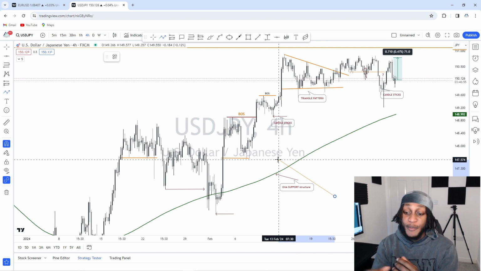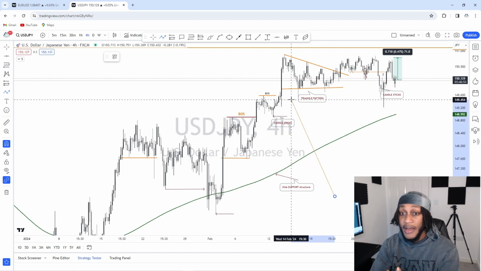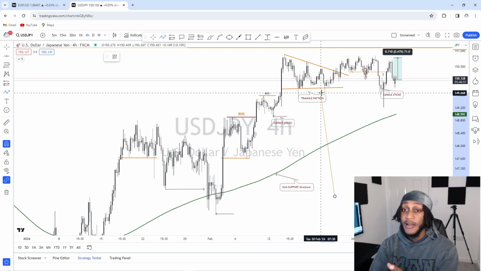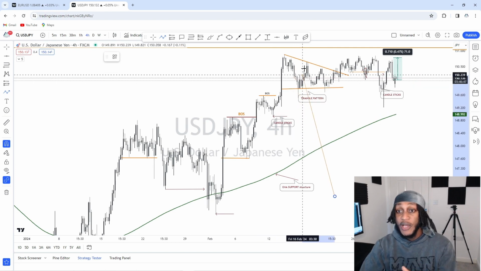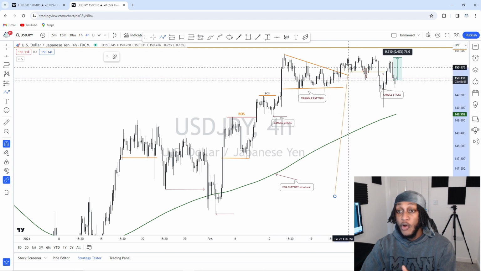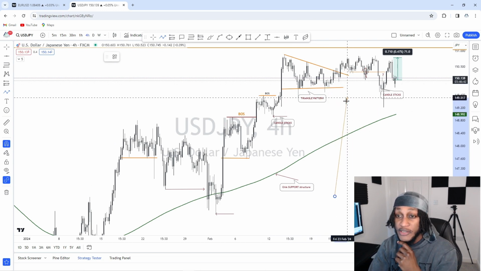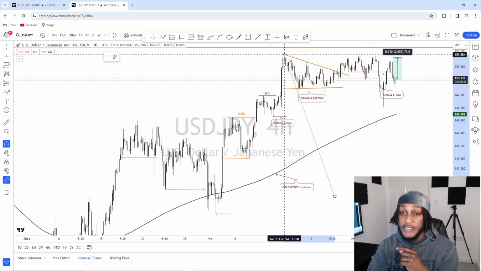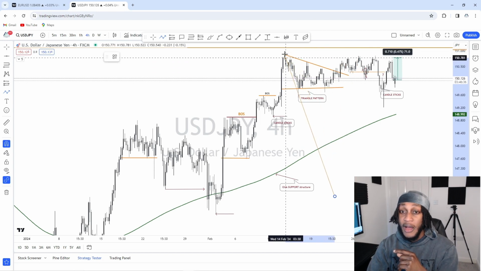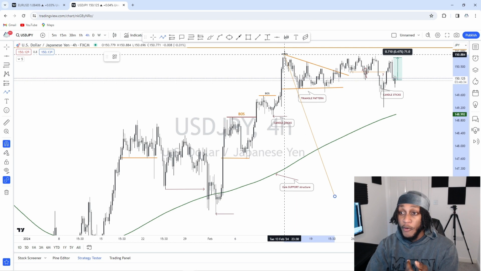Also, what I will be looking for again is my chart patterns. Guys, you need to pay attention to your chart patterns. You can see we have a nice triangular pattern, and price breaks out. But what I want you guys to see is that price was rejecting this resistance. It couldn't break past its previous high at 150.884.